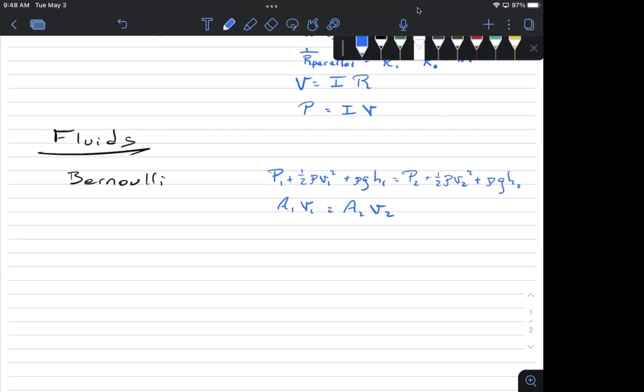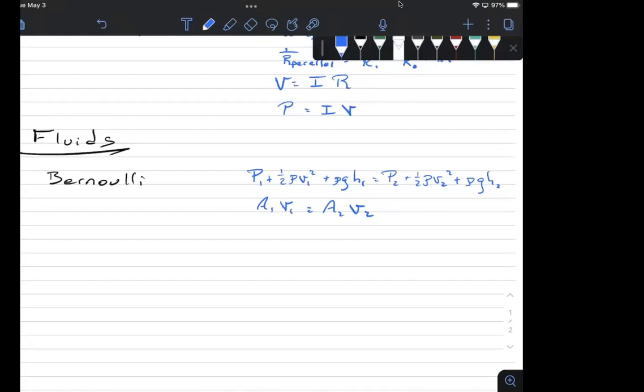Now, the big thing to note, of course, is you don't always need everything here. For instance, if you're reading a question, you have to be very careful that, well, I may give you the size of the pipe, tell you the pipe goes up to the second floor, and ask you what's the change in pressure in the water.